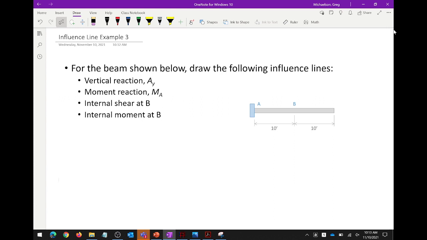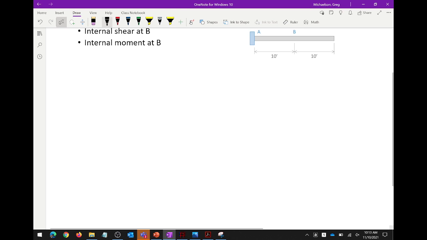So I'm just going to draw this one by hand. So here's the structure. We'll call this right here section B. Here's our support.